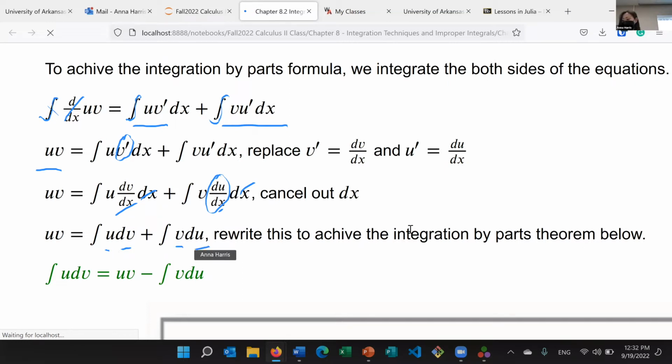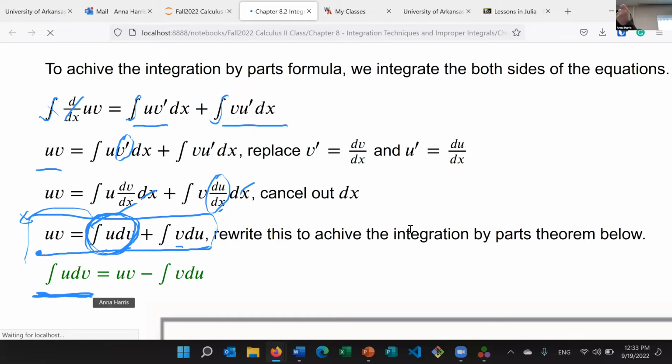This came from the product rule. I want to put this part in the front and bring this one over here. Then what do you have now? This is the one we're using for integration by parts.